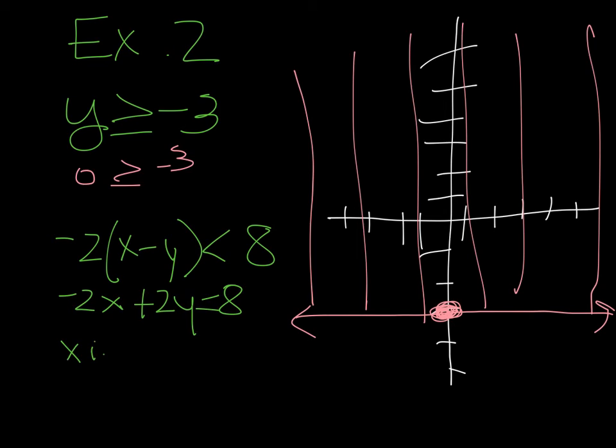The x-intercept is -4. The y-intercept is 4. So I'm going to go to x equals -4 and put a point. I'm going to go to y equals 4 and put a point. This one is less than, so I'm going to make a dotted line for this line.